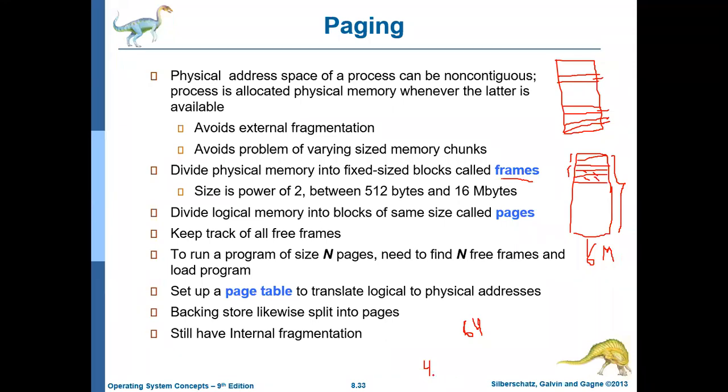Frame size is 4, total memory is 64. So how many blocks will be there? 64 by 4, that is 16. 16 different blocks will be there. If frame size is 2, how many blocks will be there? 32 blocks will be there, because all of them are of the same size.